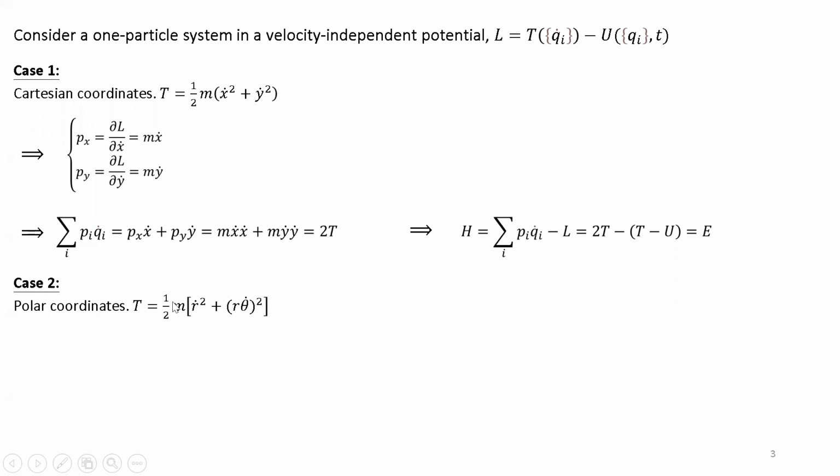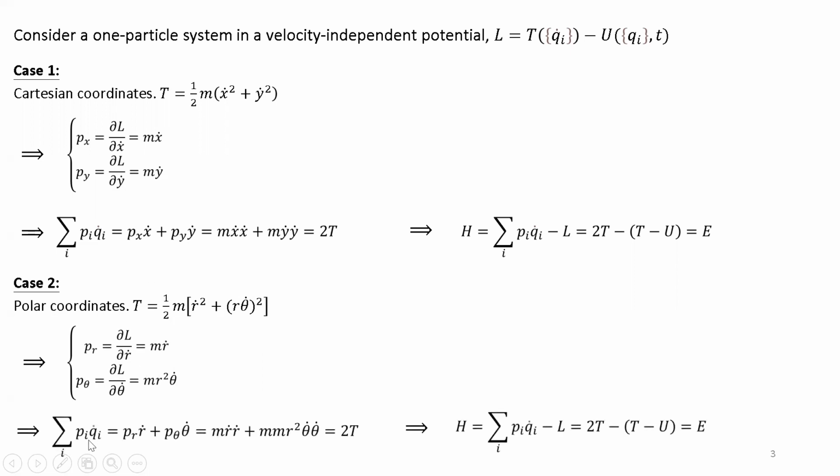Again, this time I need to find the generalized momenta Pr and P theta, which are given here. And then the sum: this time the sum is Pr r dot plus P theta theta dot, instead of Px x dot plus Py y dot.